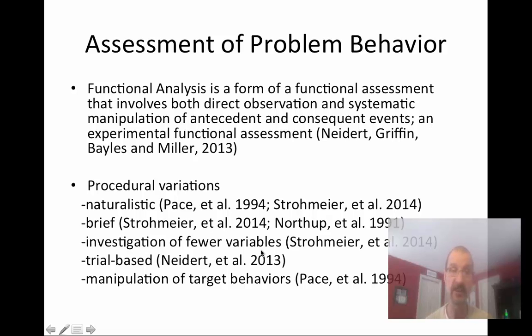Then the investigation of fewer variables. Stromer's article just looks at two variables, a control condition and an interesting variation of an attention condition. That is very contemporary now, looking at just two variables rather than having four conditions or more conditions.